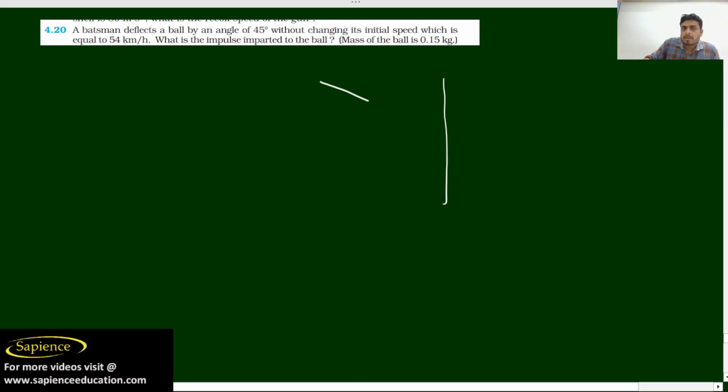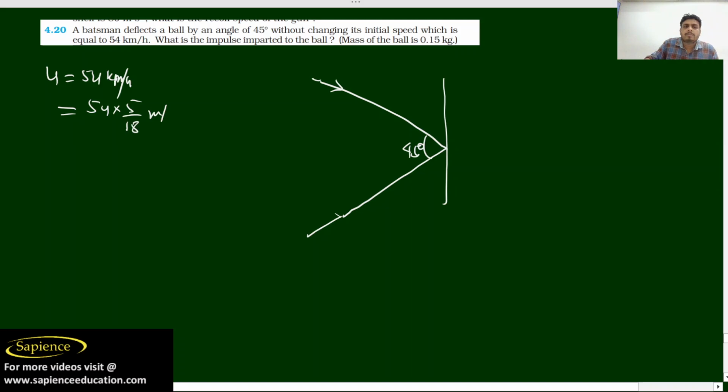A ball is coming and gets deflected by an angle of 45 degrees. The initial velocity u is 54 kilometer per hour. Why don't we change it to meter per second? It will be 5 by 18, so this will be 15 meter per second.